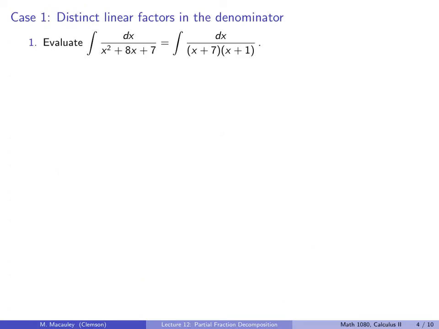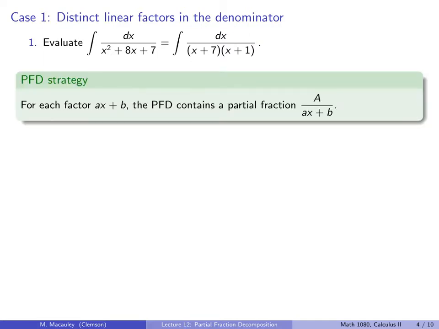Okay, so here's an example similar to the one that I showed you on the first slide. On the first slide, I showed you how to integrate something once we have split up this fraction, but I haven't showed you how to actually split it up. So the idea, as you've seen before, is that for each linear factor that we have, we would like to split up this fraction as a sum of fractions like this.